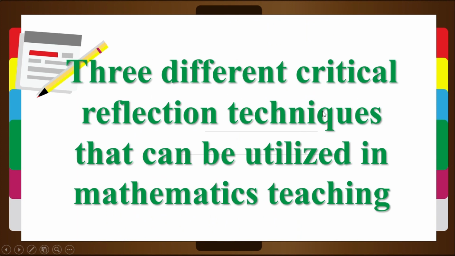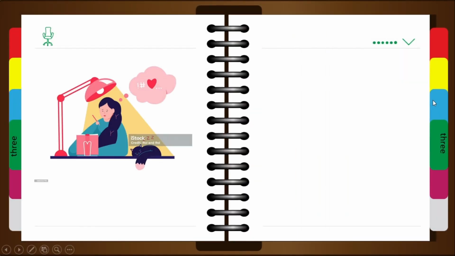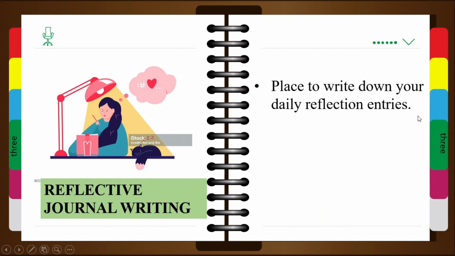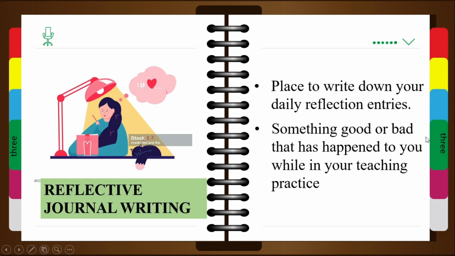So, 3 different critical reflection techniques that can be utilized in mathematics teaching. The first one is reflective journal writing. Reflective journal writing is the place to write down your daily reflection entries. You can write something good or bad that has happened to you in your teaching practice.